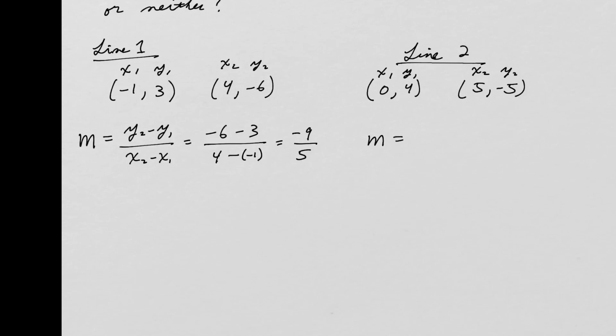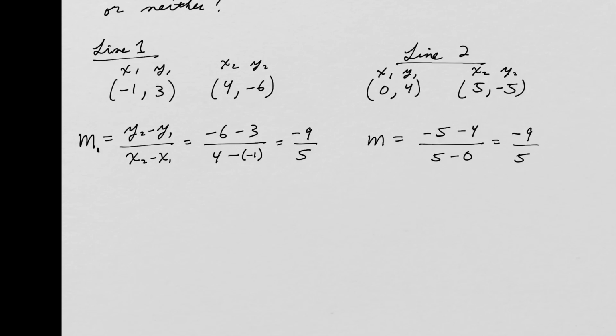And then the other line, I have -5 minus 4 over 5 minus 0, right? y2 minus y1 over x2 minus x1. But -5 minus 4 is -9, and 5 minus 0 is 5.